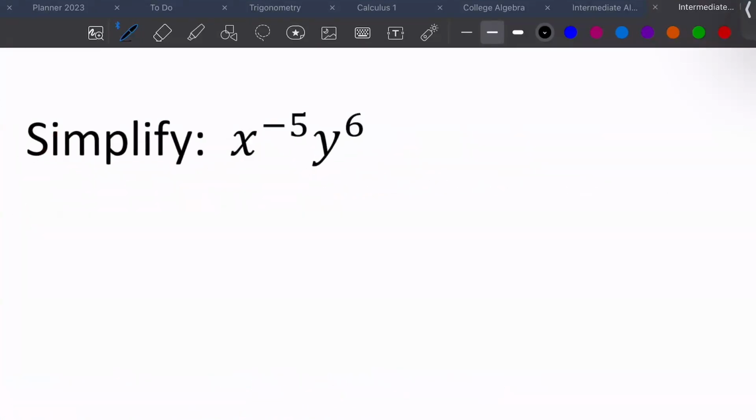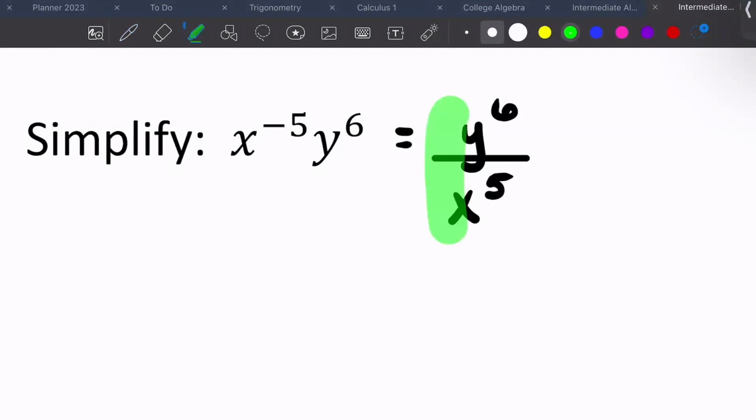For this one, what is negative? The x, right? So we only move the x. The y, there's nothing wrong with it. Y to the 6, there's nothing wrong with it. The only thing that was negative was our x, so we move it to the bottom and make it positive.